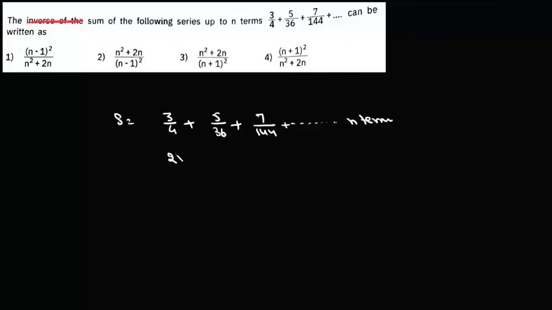Now this is 2 square. This is 2 square into 3 square. This is 3 square into 4 square.